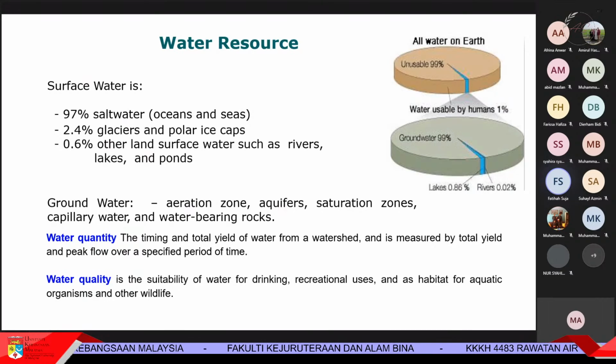The timing and total yield from a watershed is measured by total yield and peak flow over a specified period of time.